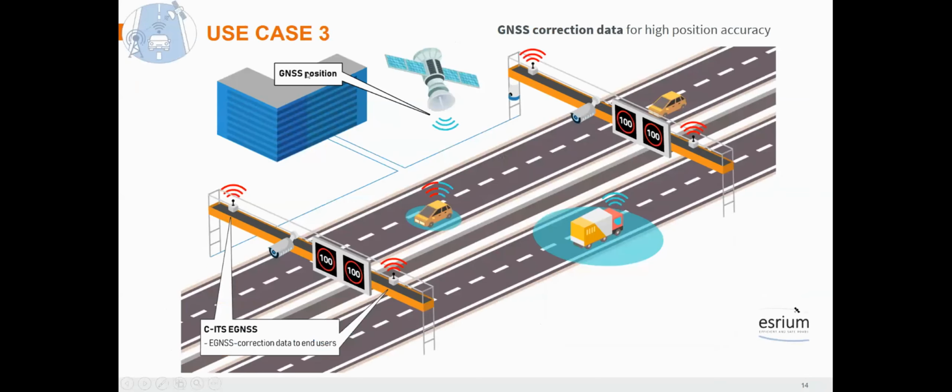In, for example, this use case 3, we would like to have a look if it's beneficial to have this correction data also via CITS. I think you might be familiar with the correction data via mobile network, but it would be interesting to see if and how it's beneficial to also get this via CITS.